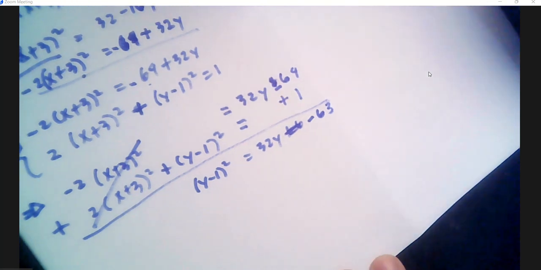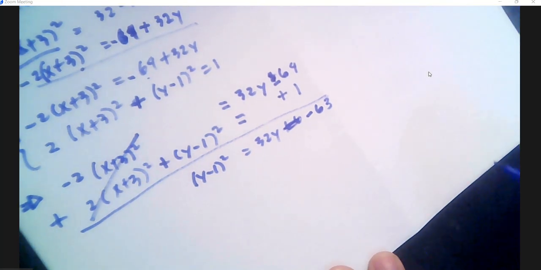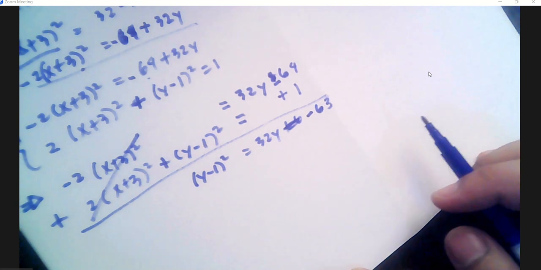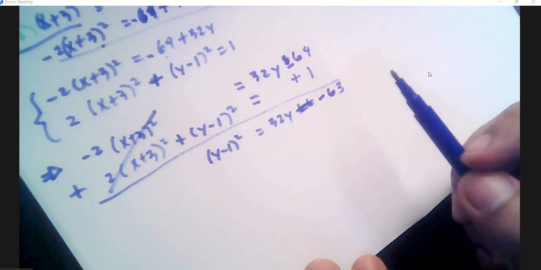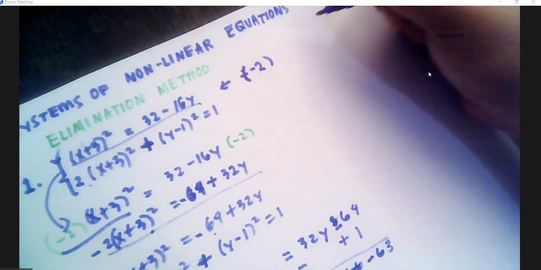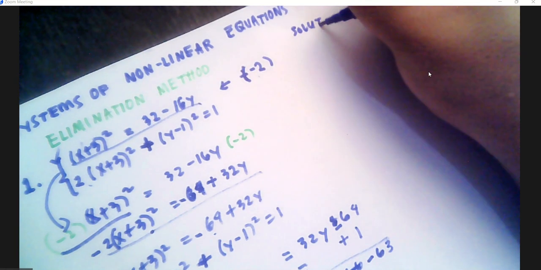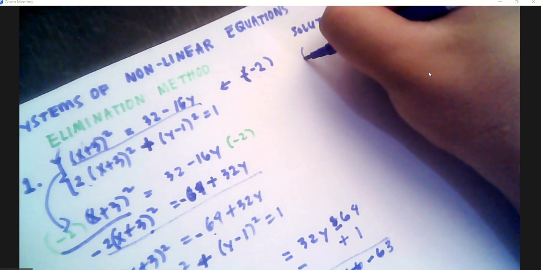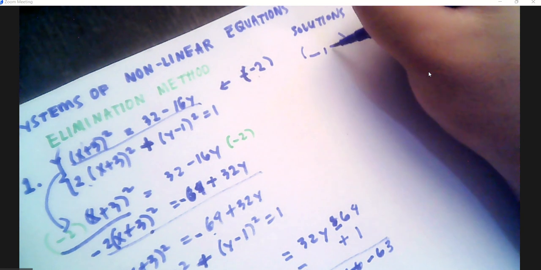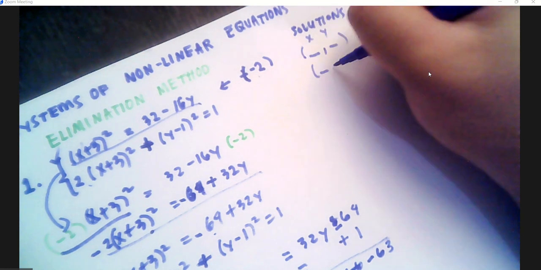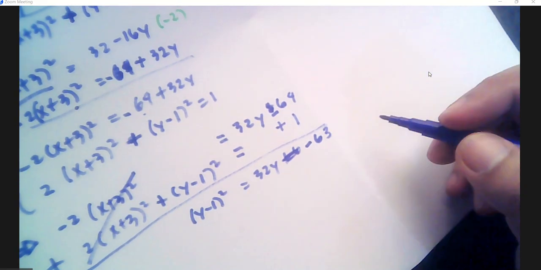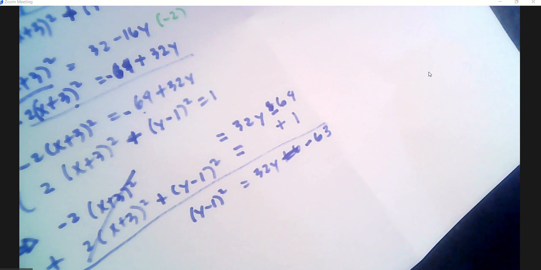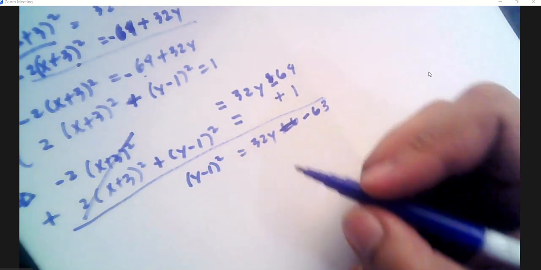our main goal again is to find the value of x, but in this case we can see we only have y, but that's okay. We are going to find the value of y first. So let me have this label here so that we are kept on track. We're going to find the value of y first, and then we can substitute the x later on. So to find out y, we are going to combine these things first. So we have this y minus 1 squared. Let us make this a trinomial.